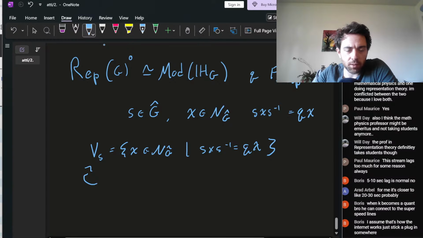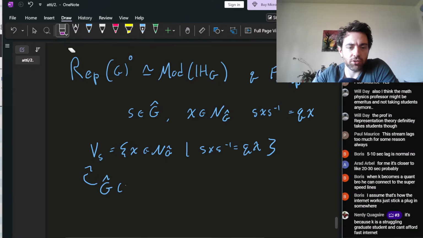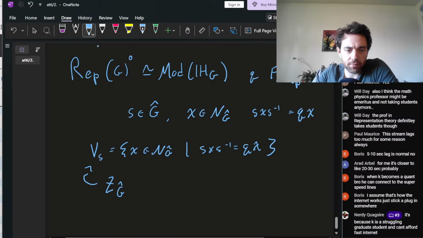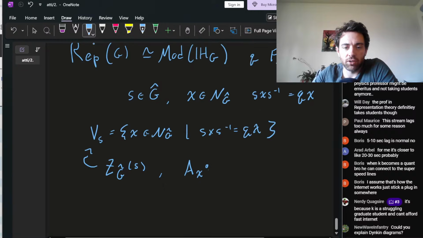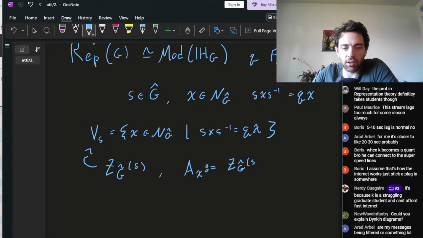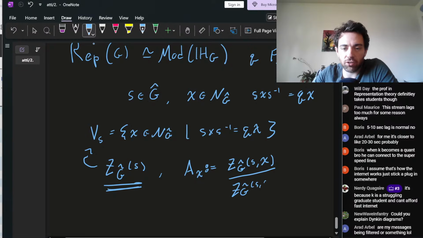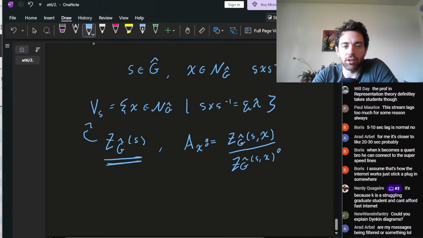This is acted on by the centralizer of S. And then the final piece of the data is we look at the centralizer. We define the component group at a point X, which is up to isomorphism independent of the orbit. So you look at the stabilizer of this group acting on V_S modulo the connected components. And you look at the irreducible representations there.